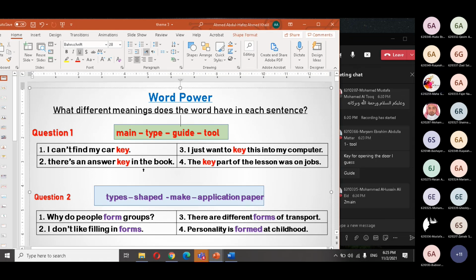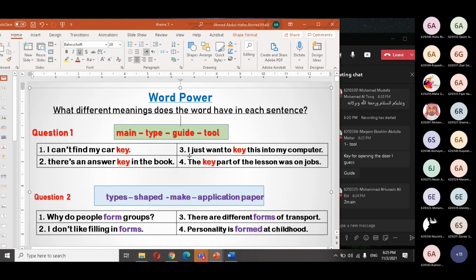Usually when there is a book of exercises, a book with questions, you go to the end of the book to find the answer key, right? So what does the word key mean here? It's a guide, yes, Mariam. Key here means a guide.